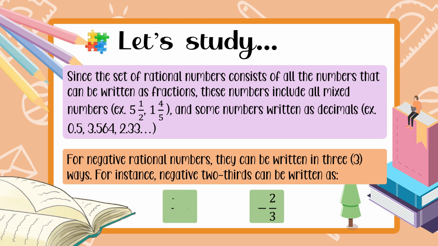Or, you can write the negative sign sa numerator, so we will have negative 2 over 3. Or, you can write the negative sign at the denominator, like this, 2 over negative 3. These 3 mean the same. That is just negative 2/3. Pare-pareho lang.